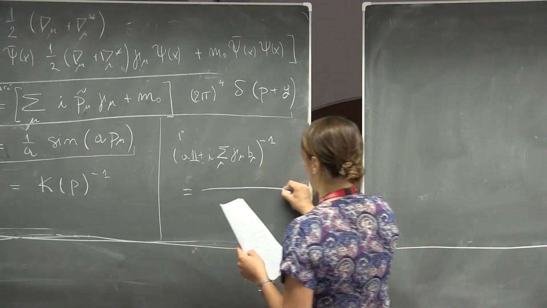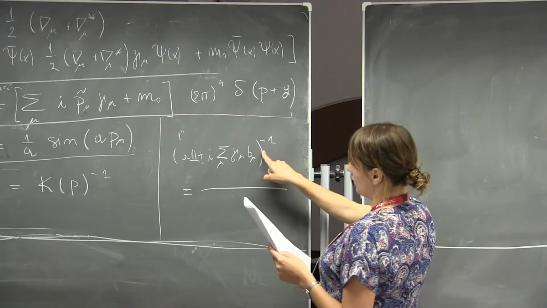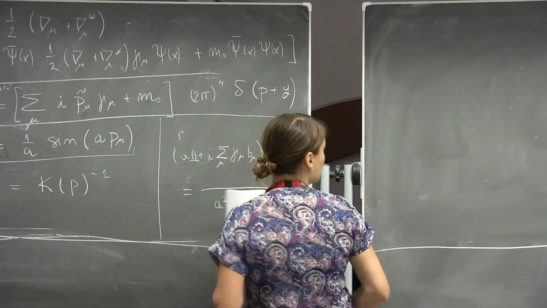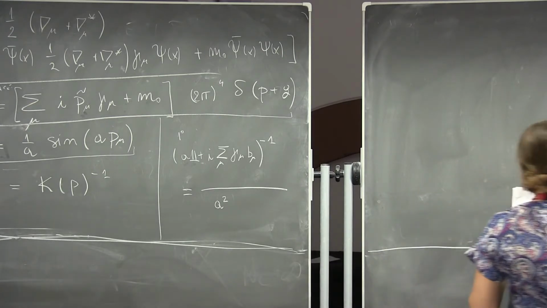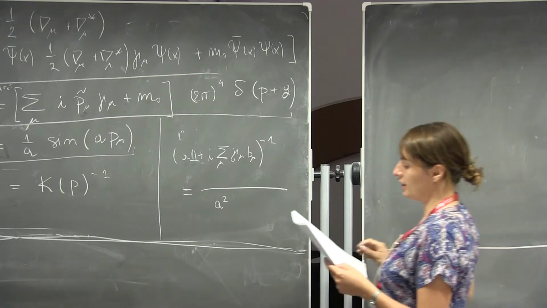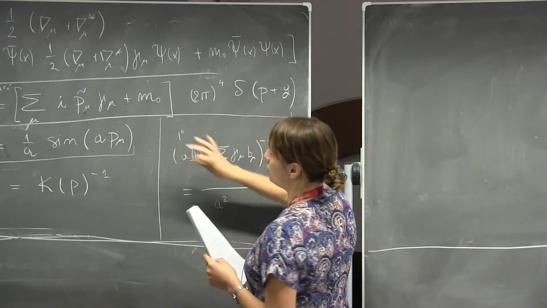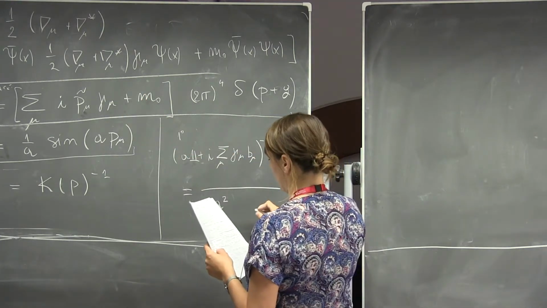it turns out that the inverse of this expression, using the properties of the gamma matrices which were written here earlier, you can demonstrate that the following holds, and then use it to invert the propagator.